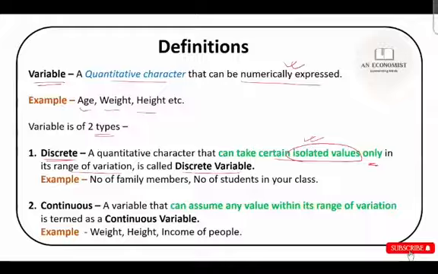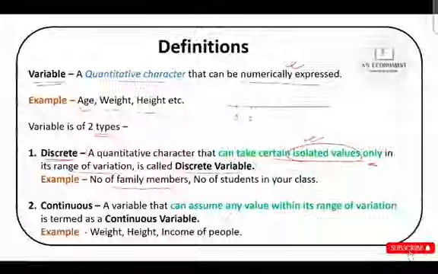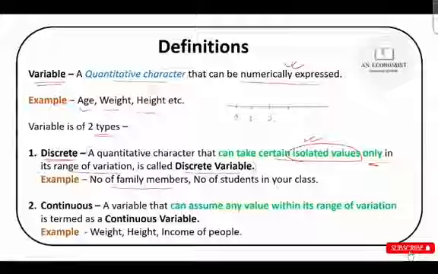It is the definition that you find in every book, that discrete data is the quantitative character that can take only isolated values. What do I mean by isolated values? Let's look at this example. Number of family members. So in your family there could be only one member, or two members, or three members, or four members. So you will have whole numbers, right?